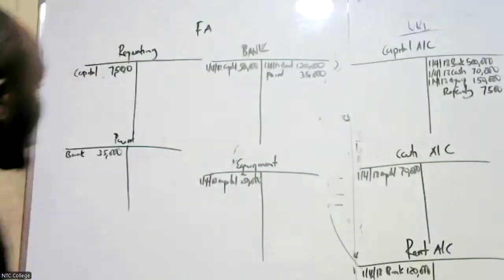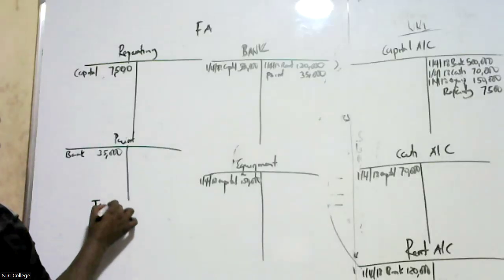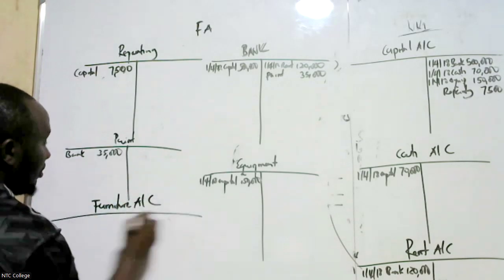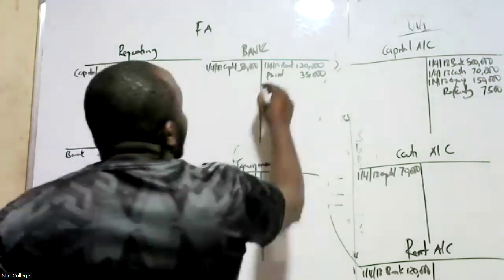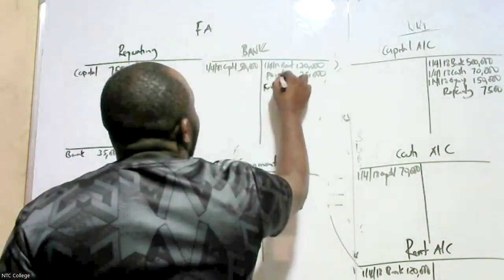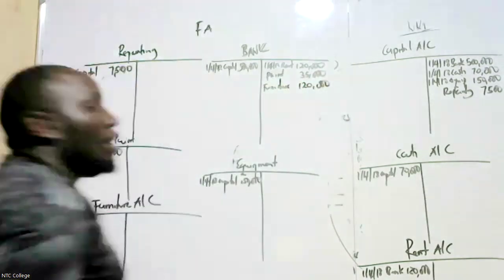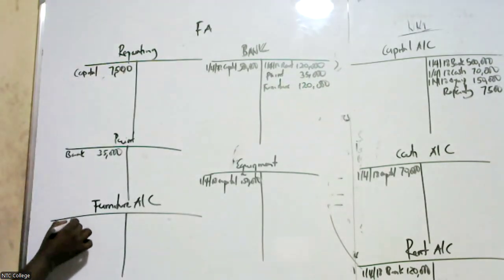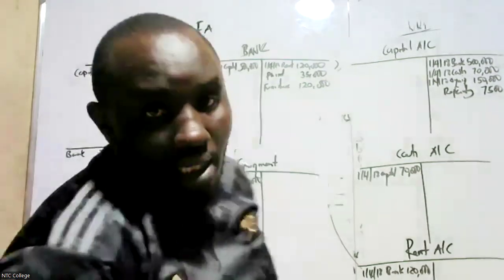So we open another account called furniture. How much was it? 120. Then furniture we debit, and credit bank. That should also be 120. Tuko sawa? Are we together on that?